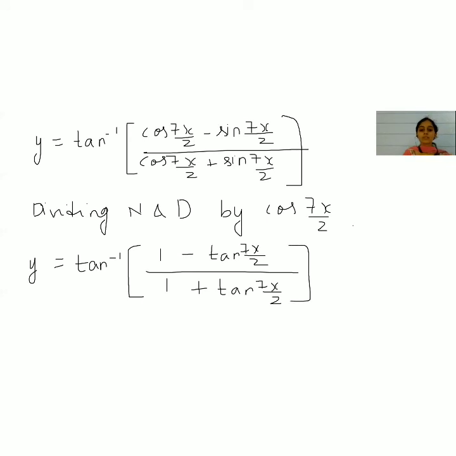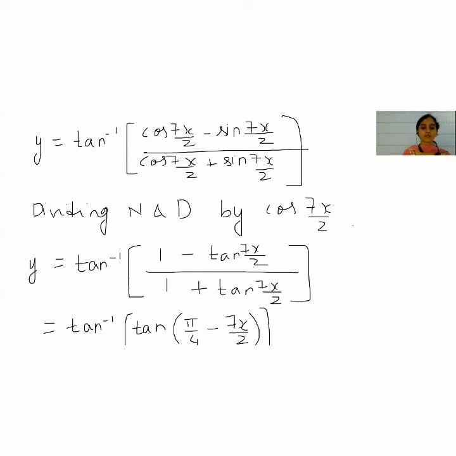Now, what is 1 minus tan theta upon 1 plus tan theta? I'm doing this directly. We've done a similar sum in the previous part of this session. So it is tan of pi by 4 minus tan of 7x by 2 upon 1 plus tan of pi by 4 tan 7x by 2. So I'm going to write this as tan of bracket pi by 4 minus 7x by 2. Okay, because tan of pi by 4 is 1.